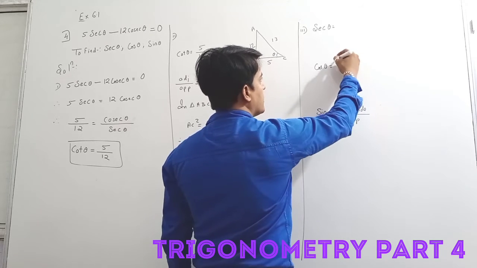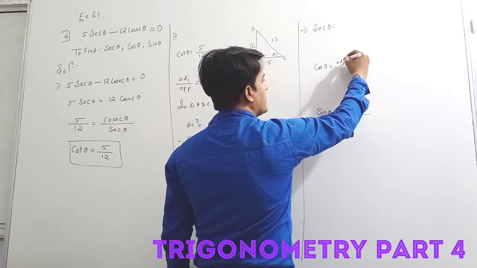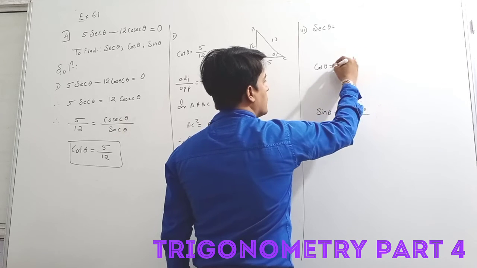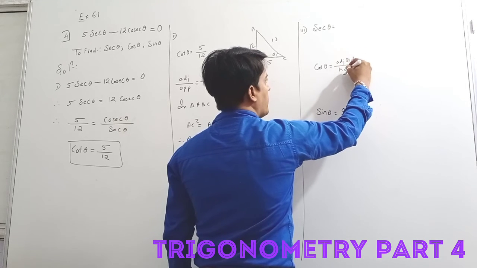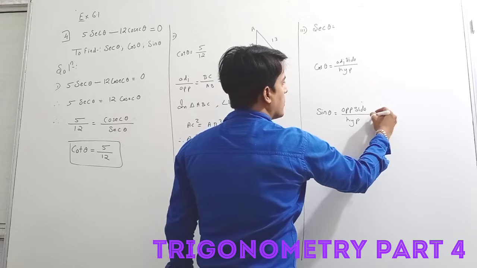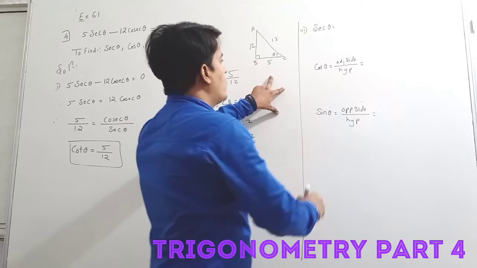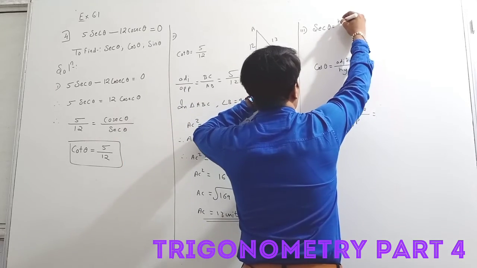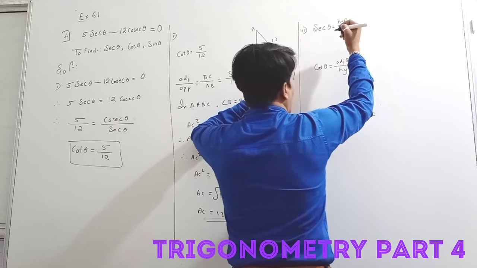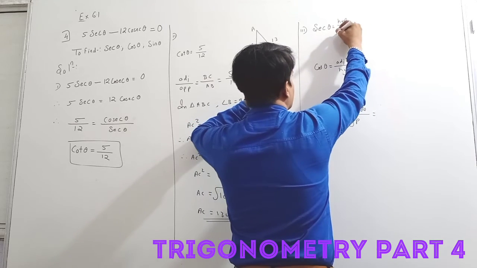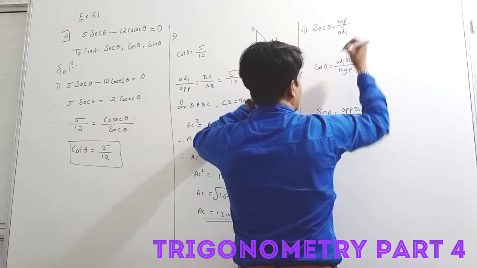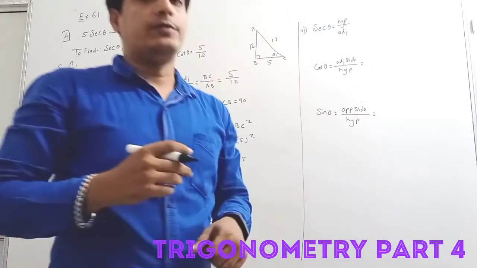For cos theta it is adjacent side upon hypotenuse. For sec theta we have hypotenuse upon adjacent.